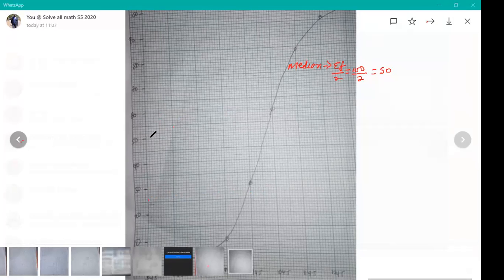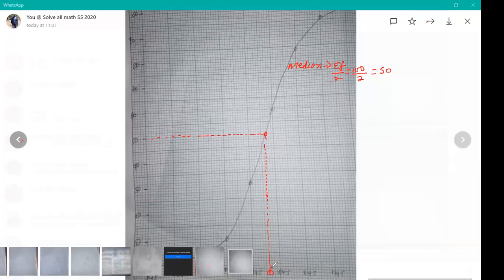So we have said our 50 is here. See that? It meets the curve from there. Then draw that vertical line going down. You can draw with a pencil, or you can just match with a ruler. And then go down and read the value down there.